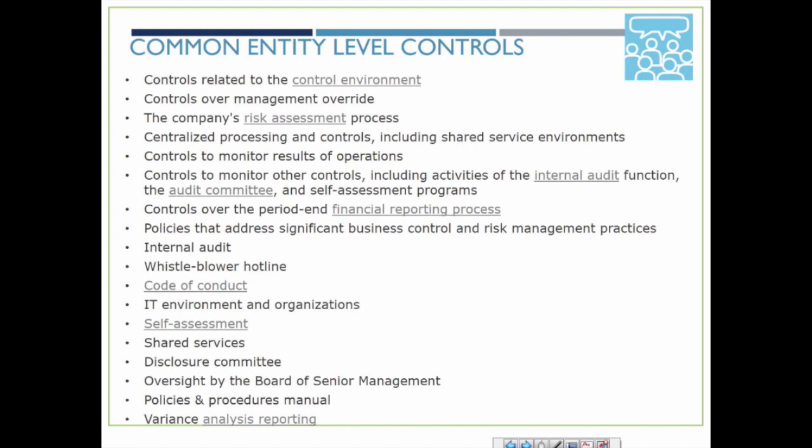Controls that relate to the control environment include how management communicates the importance of internal control, procedures or controls in place to ensure that controls cannot be overridden, and effective oversight, for example by management. Those would be controls related to the control environment. The tone at the top: what is the tone the company sets regarding internal controls?